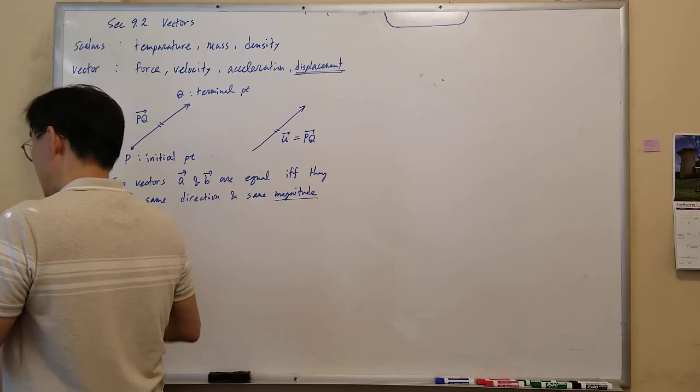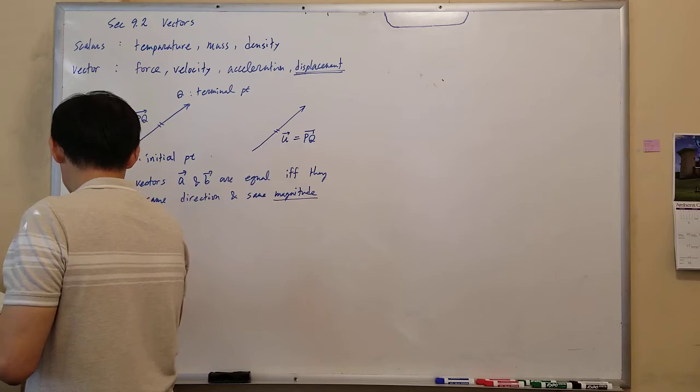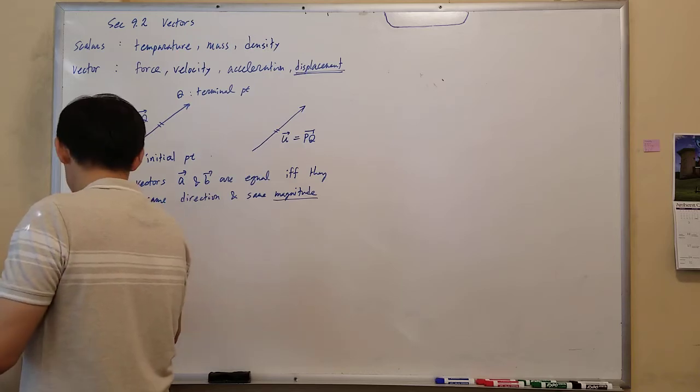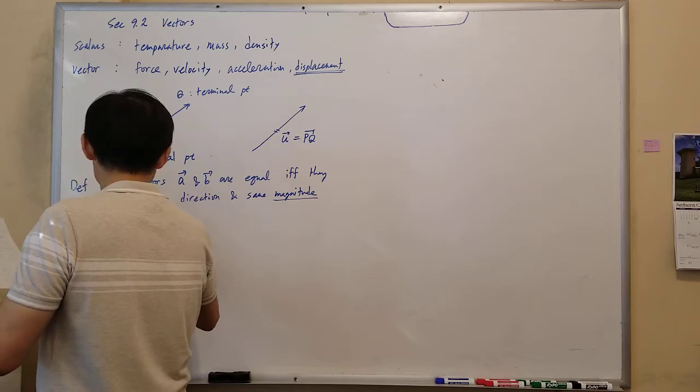So an example. A. Let's say two displacement vectors. P to Q. Your P is, let's say, (1, 2). Q is (3, 6).